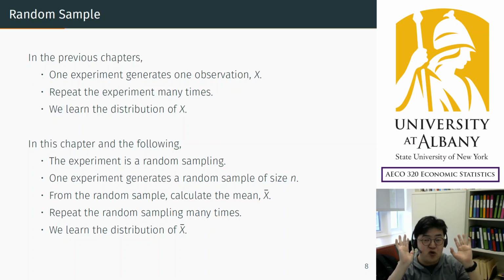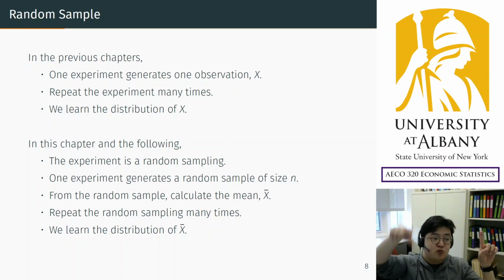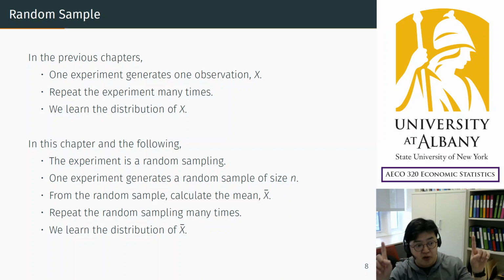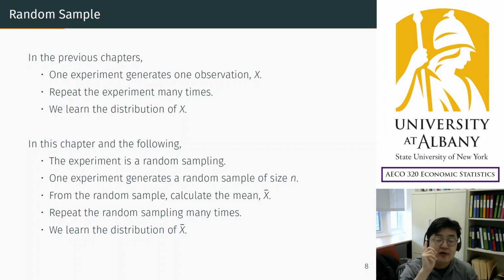But now, what you have in mind is one experiment observes many observations, but in the end, we are going to generate only one number, which is the average of the observations, x bar. So, basically, the structure is the same. One experiment generates one number, but that number is now x bar, calculated from 1,000 observations. So, it does not cause any difference.